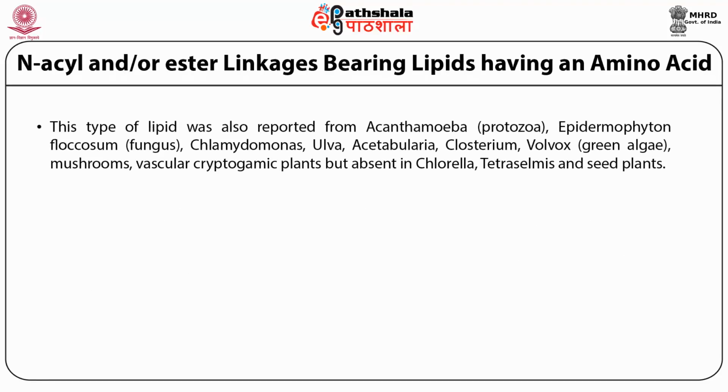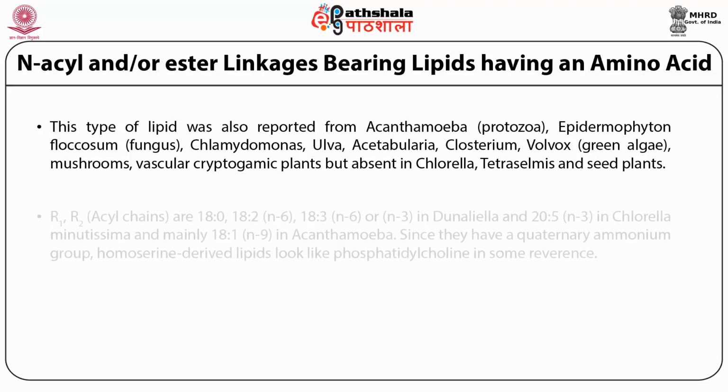This type of lipid was also reported from Acanthamoeba, which is a protozoa, Epidermophyton floccosum, which is a fungus, Chlamydomonas, Volvox, which are green algae, mushrooms, vascular cryptogamic plants, but absent in Chlorella, Tetraselmis, and seed plants.